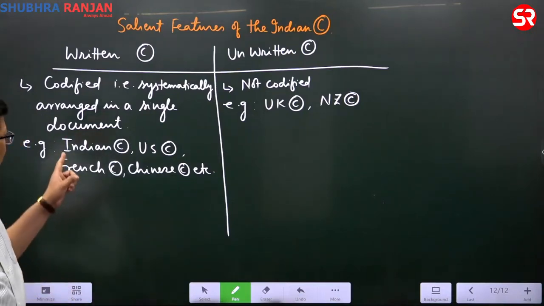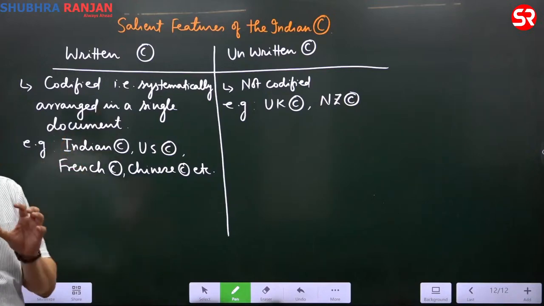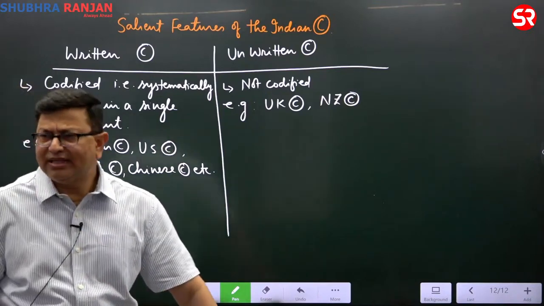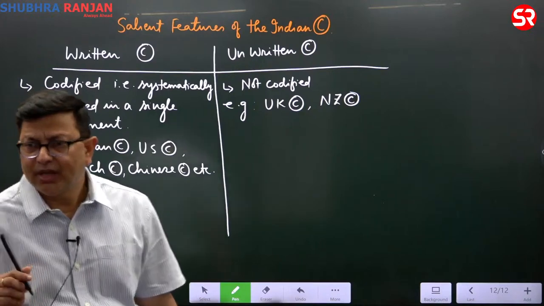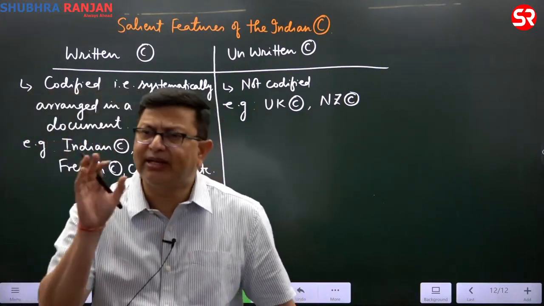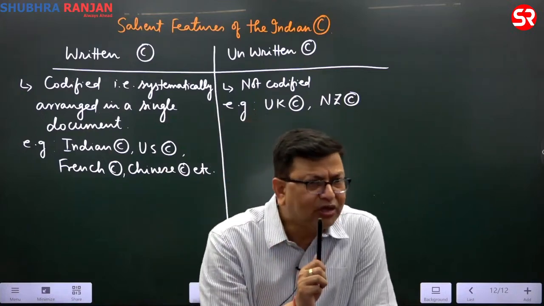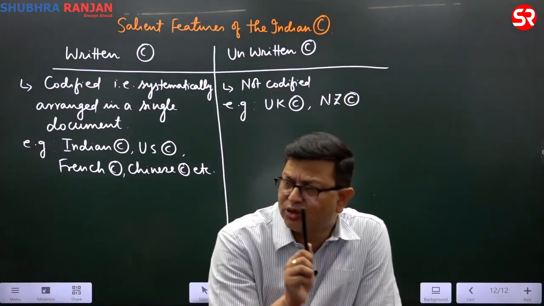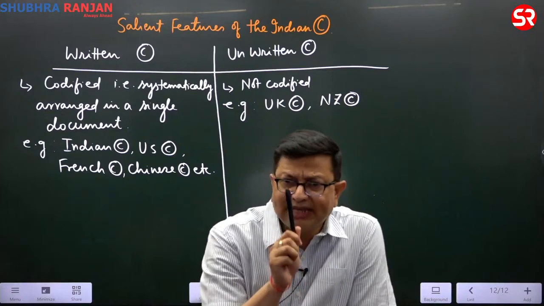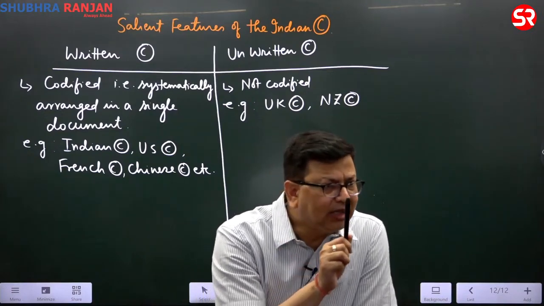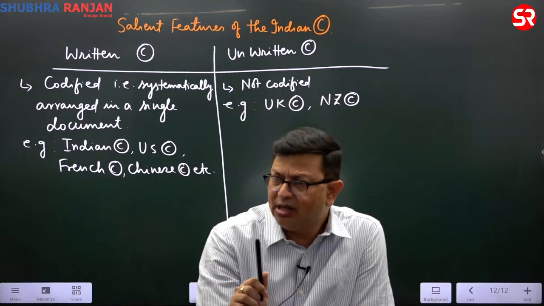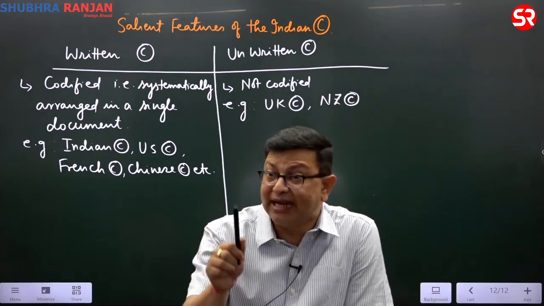Now, you can see that this particular document is the Constitution of America. One document can be termed as the Constitution of America, or the Constitution of the US. You can say that this document is the Constitution of France, this document is the Constitution of China.